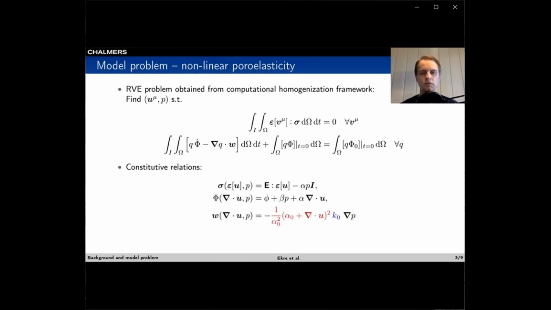For constitutive relations we have used linear relations for the stress sigma and the storage phi. And the nonlinearity here comes into play in the seepage w, where you can see that the permeability depends on the volumetric strain, or the divergence of the displacement.